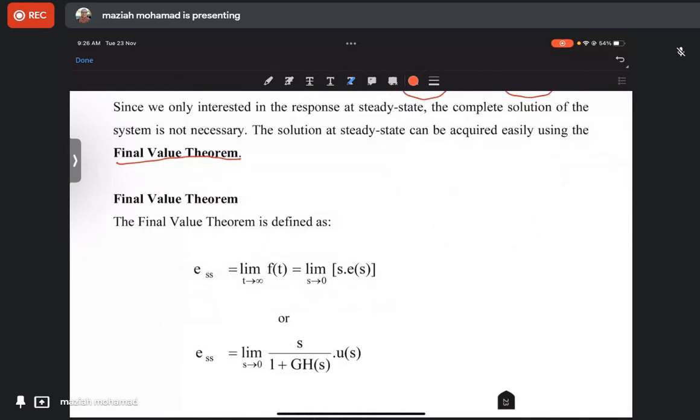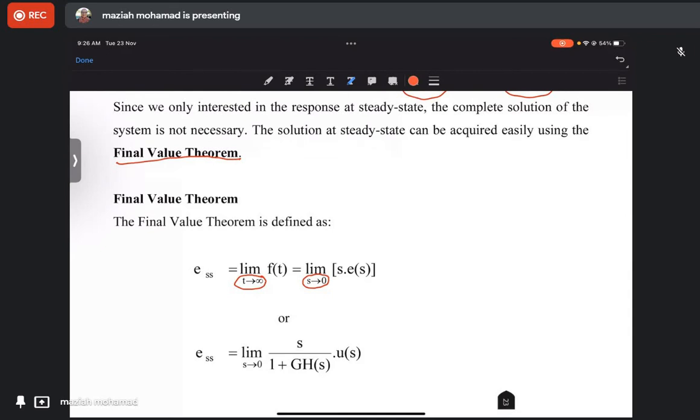So how to apply the final value theorem? In the final value theorem, we consider time approximately infinity. In Laplace, infinity means s goes to 0, meaning we approximate s equal to 0.